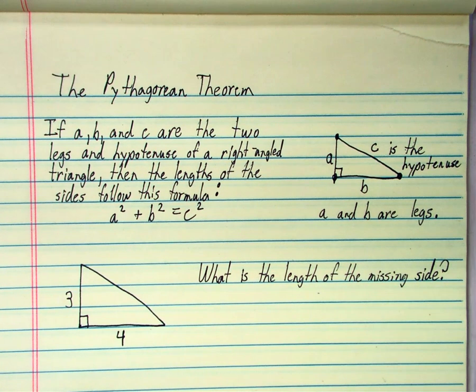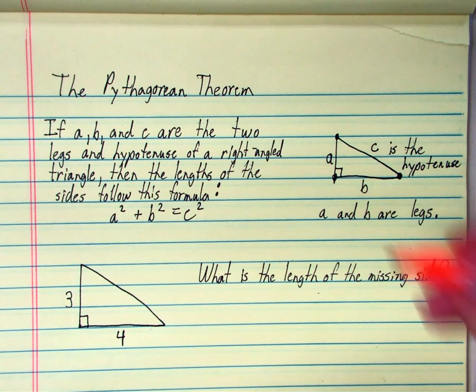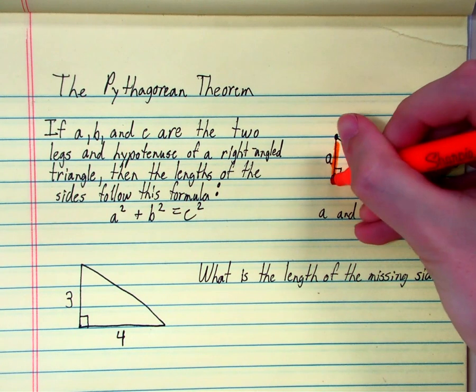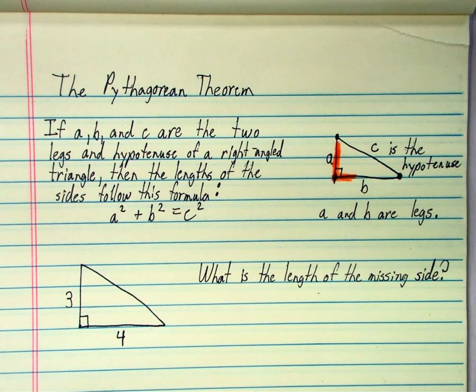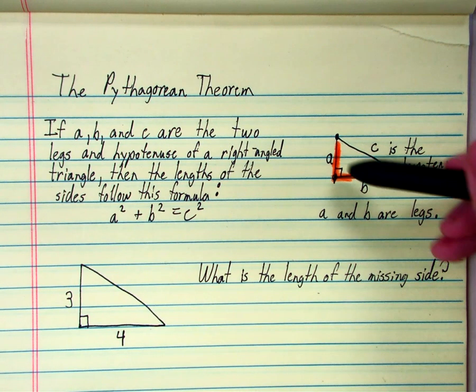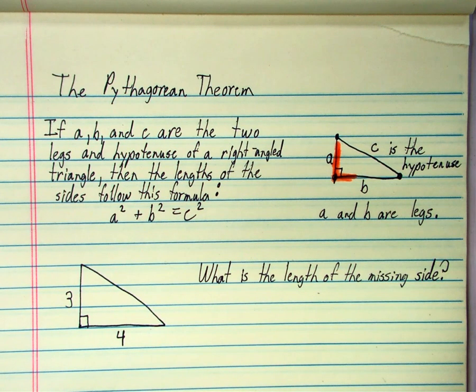A way to help you remember that they're the legs is that they make the letter L. a and b are legs, they make the letter L. If the two sides you're looking at don't make the L, then one of them is not a leg. If you can make an L, both of those sides are legs.